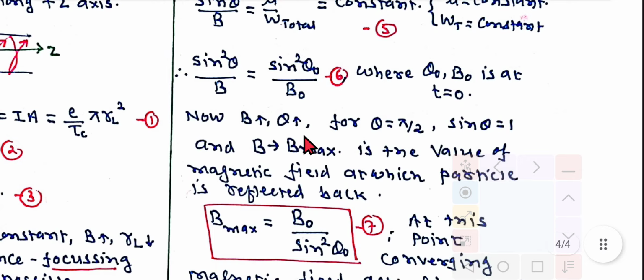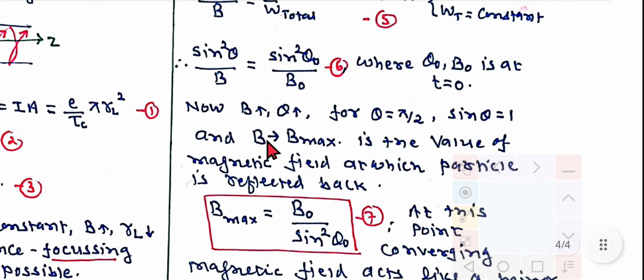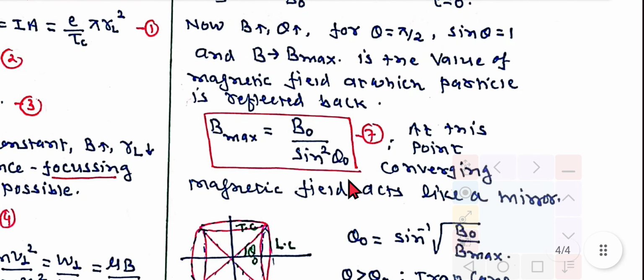B tends to B max is the value of magnetic field at which the particle will be reflected back. So B max equals B0 divided by sin square theta 0. At this point, the converging magnetic field acts like a mirror.